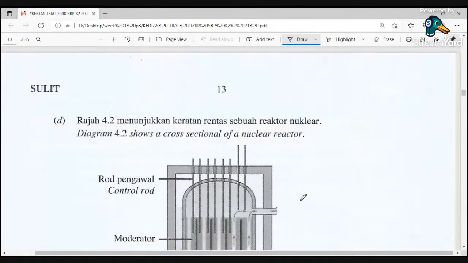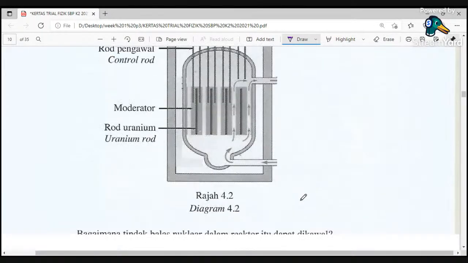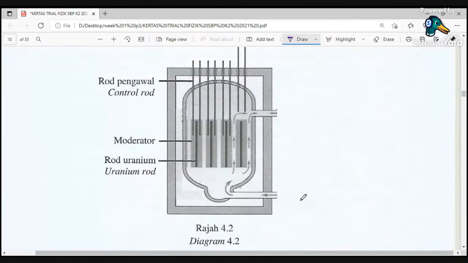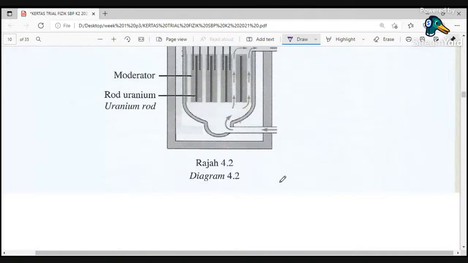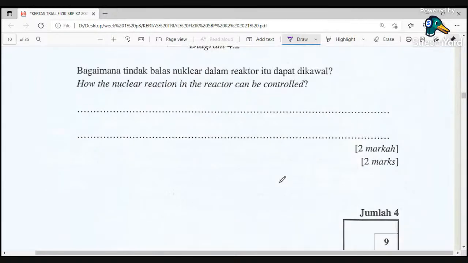Okay, the cross-sectional area of the reactor nucleus. So you have the control rod, moderator, uranium rod, how the nuclear reaction in the reactor can be controlled. Okay, there are two control rods.